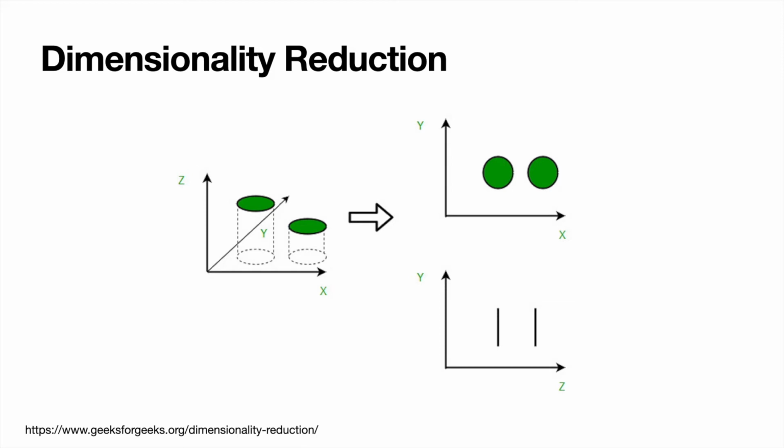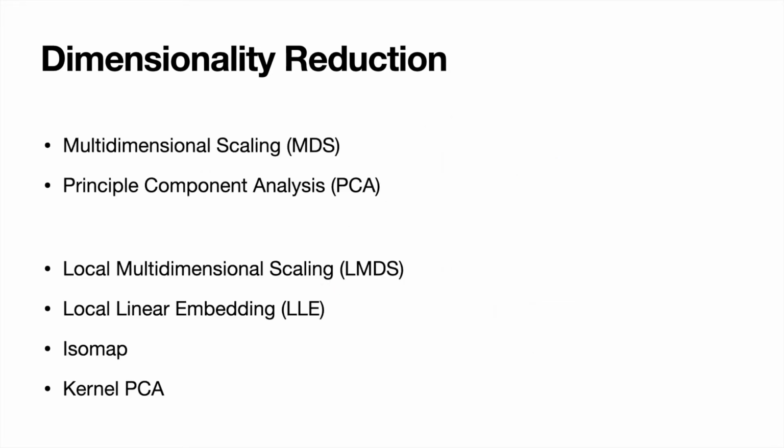The same idea can also transform some 3D models, and they can map to different planes and even to 1-dimensional space. But in machine learning, we have many more high-dimensional datasets with hundreds or even thousands of features. So specific methods to handle the reduction are very necessary.